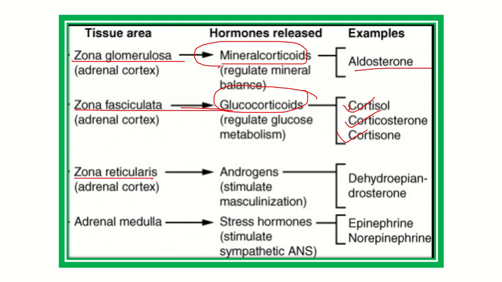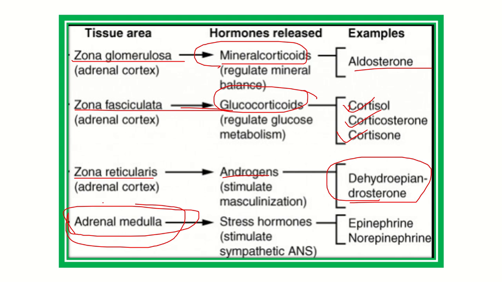And finally from the zona reticularis, androgens are released, such as dehydroepiandrosterone and other hormones. Here we can see the inner part, the adrenal medulla, and from the adrenal medulla epinephrine and norepinephrine are released.